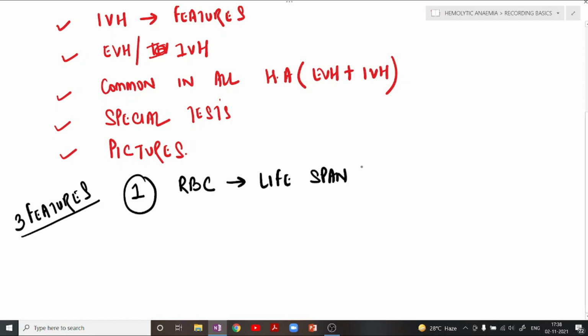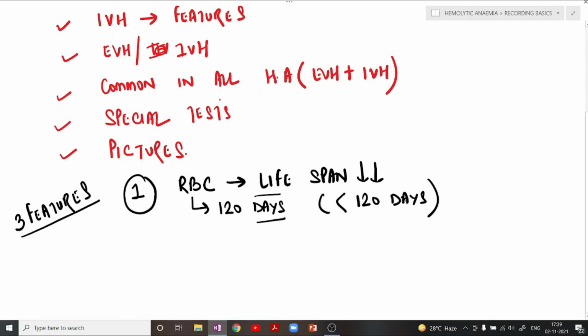What is the normal lifespan of RBC? Normal lifespan is 120 days. So this is going to come down and become less than 120 days. So the first important feature of hemolytic anemia is reduced RBC lifespan.